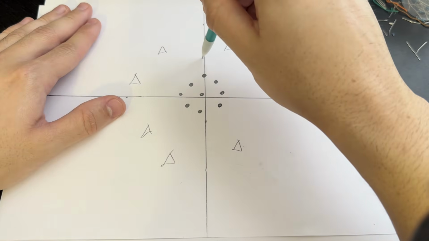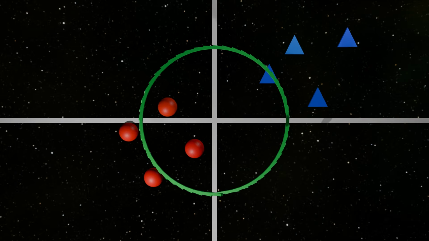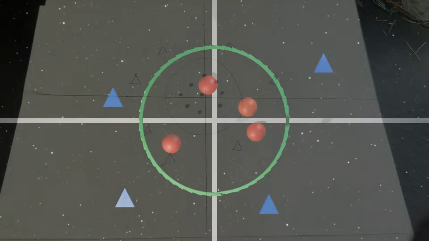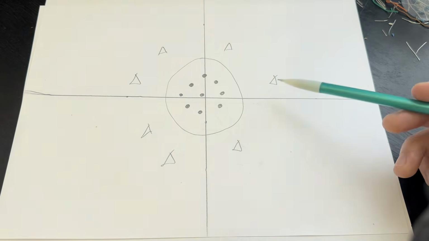So we can make a linear equation in polar coordinates that's a circle around these inner dots, and it can separate these inner dots from these triangles, which is kind of cool actually, because I just learned about polar coordinates in my calc class, and now it can be applicable in computer science, electrical engineering, and neural networking.